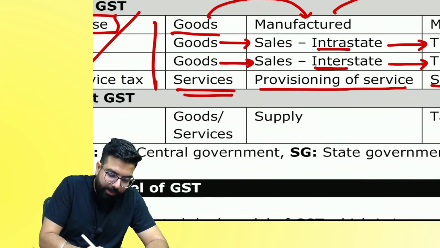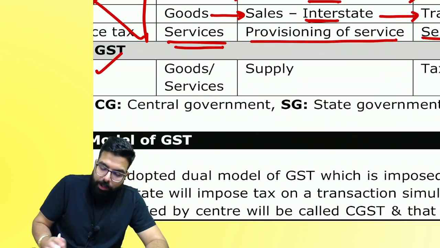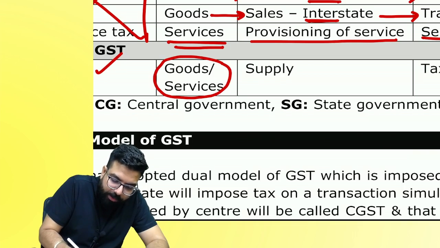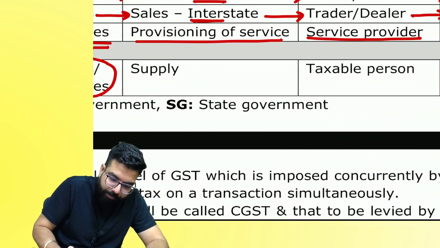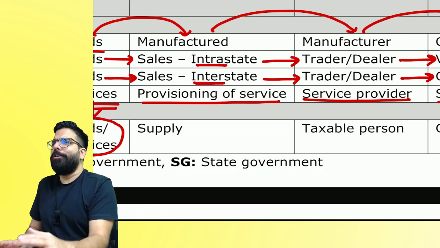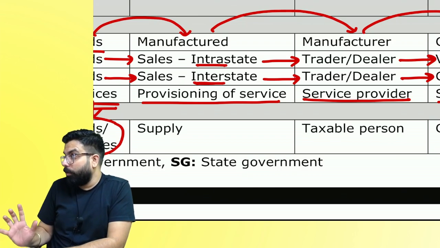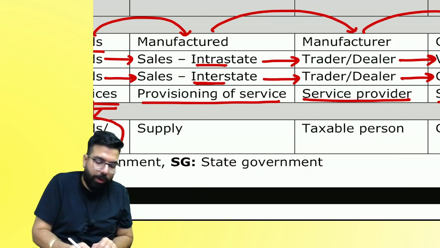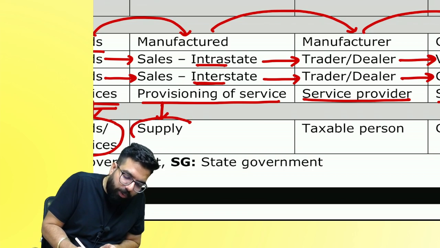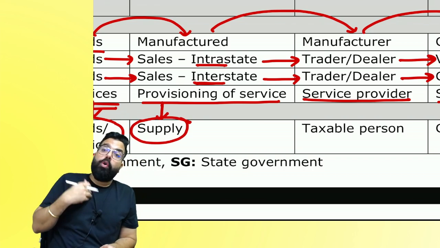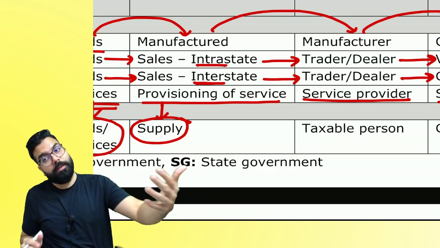You know what they did? All these taxes, they told now we will call it something else. All this goods and service remains goods and service. We don't call sales intra, sales inter, provisioning of service. We call only one word: goods supplied, service supplied.